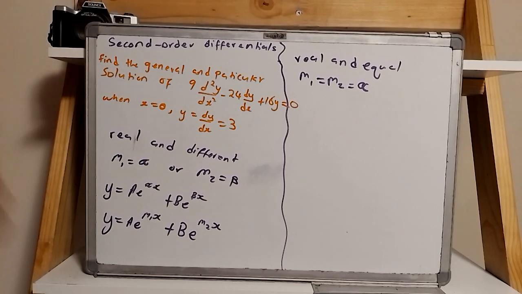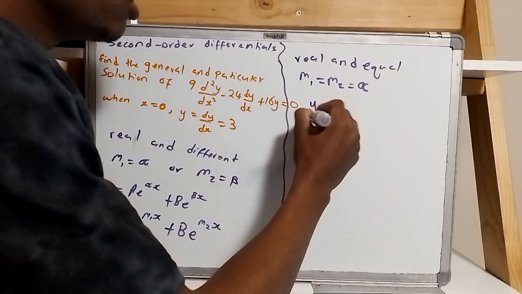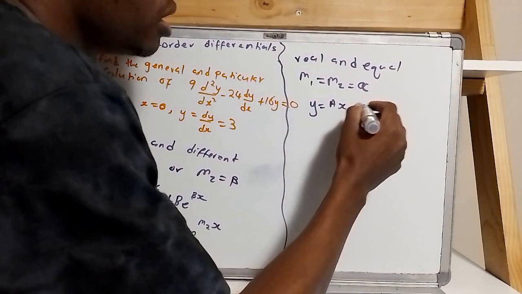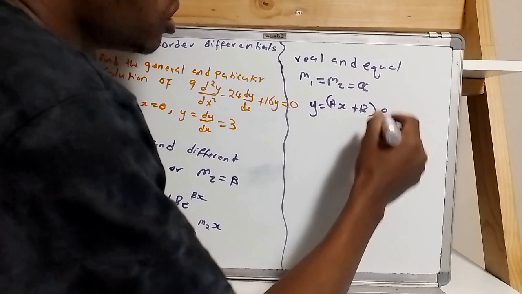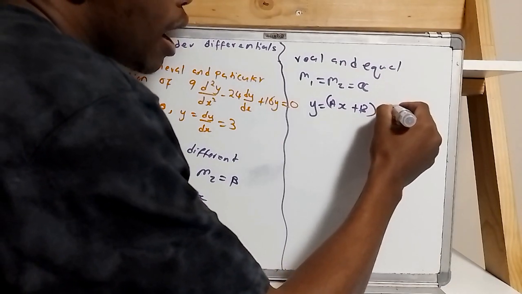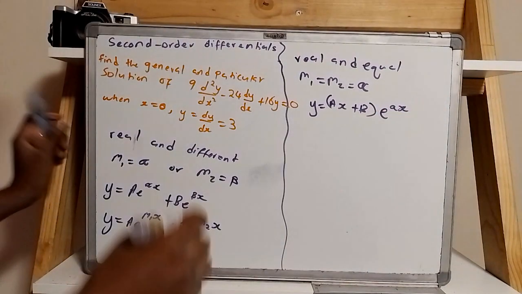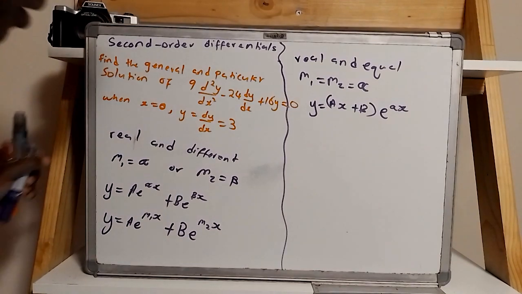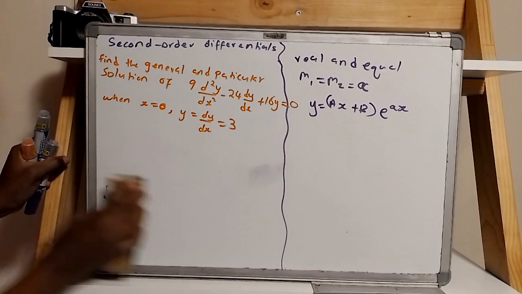If you have such a condition, then you are going to use your general solution as ax plus b, e to the power alpha x, or just e to the power m1, or just e to the power m2, because m1 and m2 in this case are equal. This is what we are doing today.